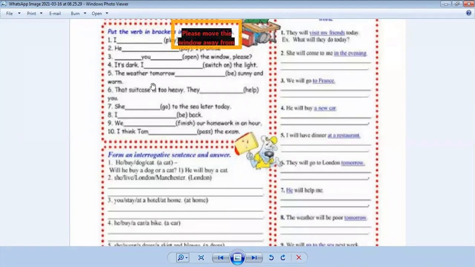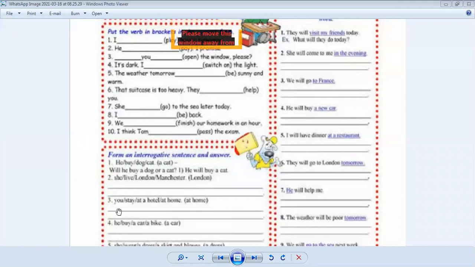Who's going to form this question? Okay. Will she live in Manchester or London? Very good. She will live in London.